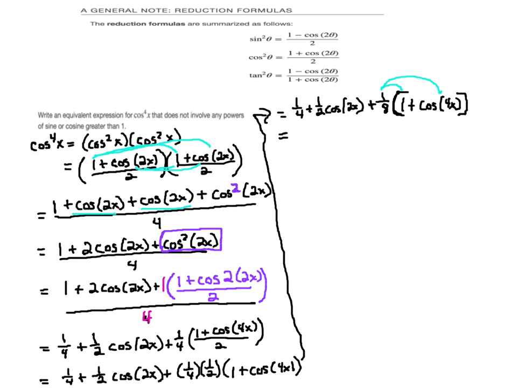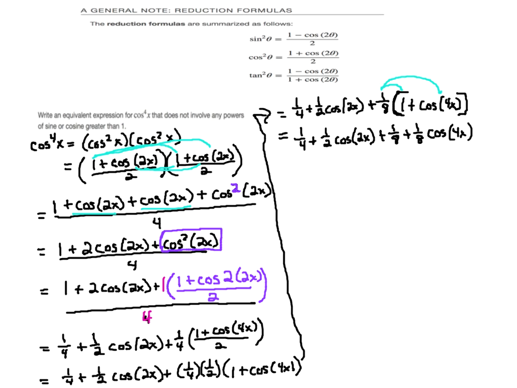Okay, so here we have 1/4 plus 1/2 cosine 2x, and now I'm going to distribute that 1/8, so I have plus 1/8 plus 1/8 cosine 4x. All right, so this is the first time I've gotten rid of all my parentheses and everything is raised to the power of 1.